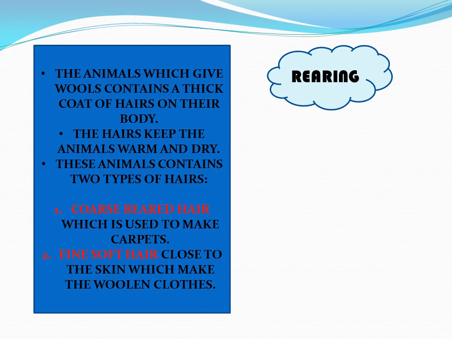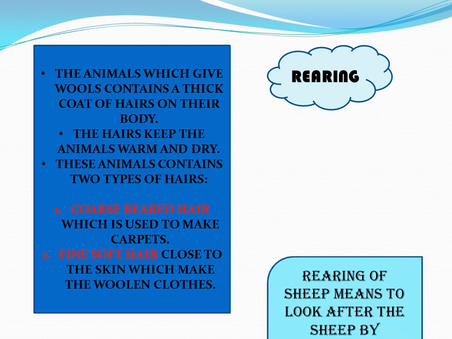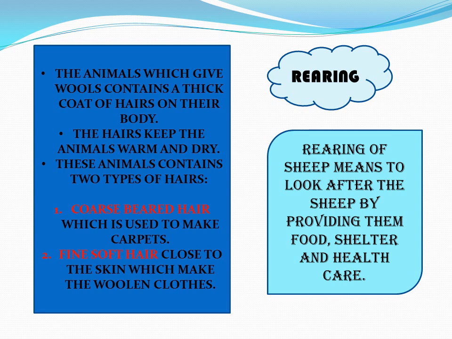The first step in processing is rearing of the animals or rearing of the sheep, which gives the wool. Rearing of sheep means to look after the animal by providing food, shelter and health care facilities to the animal.